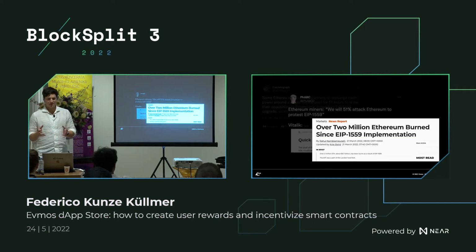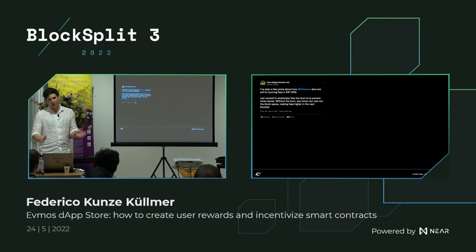Vitalik was also getting really involved in this. But in the end, the developers were right: by March 2022, more than 2 million Ether had been burned as a result of the introduction of EIP 1559, which had huge benefits. But the miners, who were getting all these fees, got wrecked in some way because they weren't getting them anymore. So the developers were seen as the bad actors in the entire ecosystem.